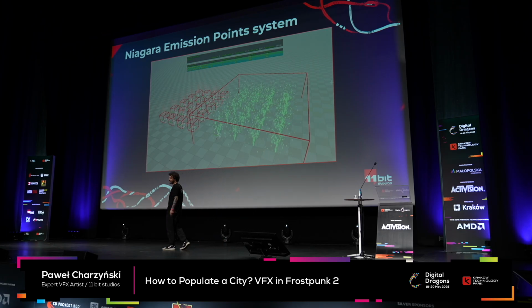Marcin Olszewski, who has a talk tomorrow, which I recommend, of course, gave us the solution of Niagara emission points. What is it? It's basically that we iterate the position values and lifetime values at some different levels.